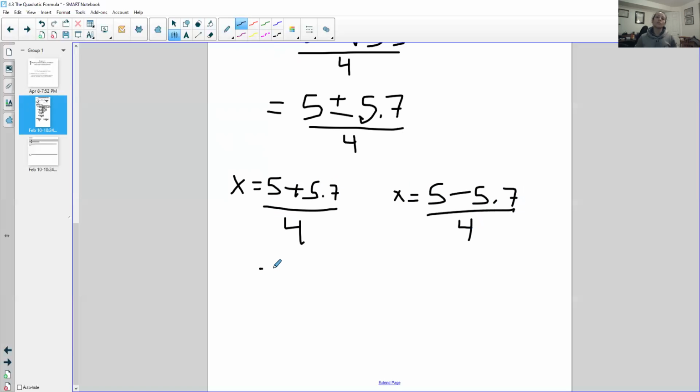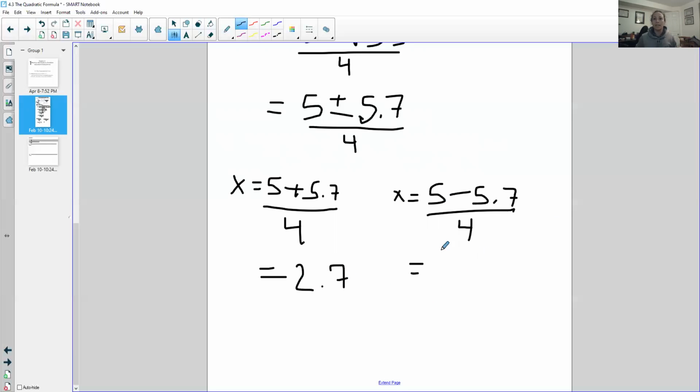Those are our two roots, and you can plug these into your calculators. So we're going to have 5 plus 5.7 divided by 4. You should get around 2.6 or 2.7. I've kept all of my decimals in my calculator, so if I round properly, I should get 2.7.